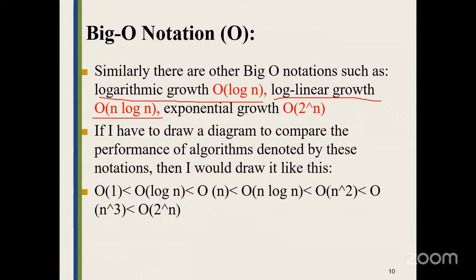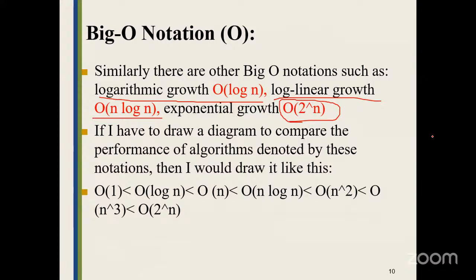In such cases, the order of that particular algorithm is represented as order of n log n. And depending on the input, there is exponential growth for the time. In such cases, the big O notation can be represented as order of 2 power n. So like this, depending on the nature of your algorithm, the notation will change.